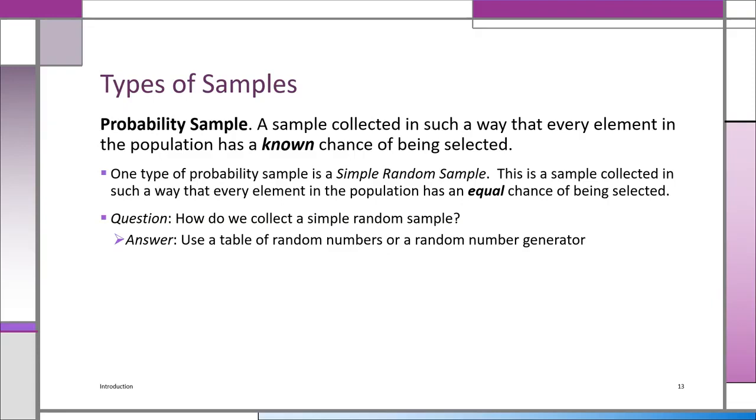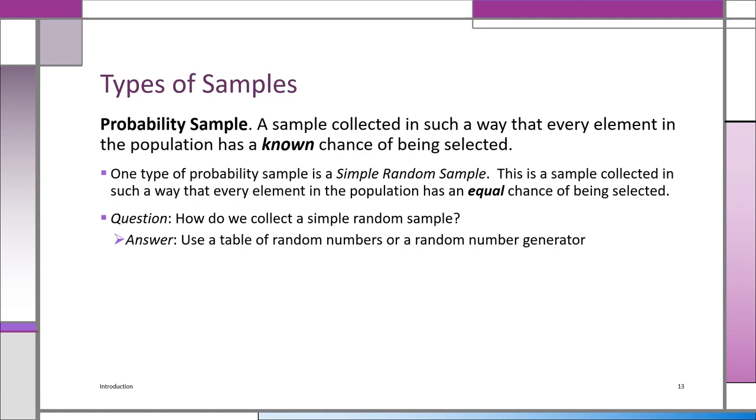Okay, that's where every element in the population has an equal chance of being selected. Now, you're not responsible for this, but you have to understand what it is. You can do this if you want to collect a simple random sample. Generally, we work with random numbers or random number generator.